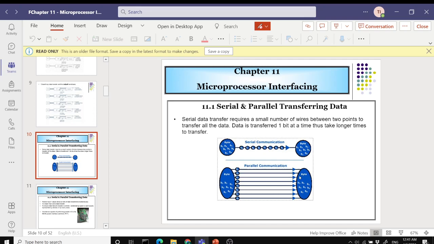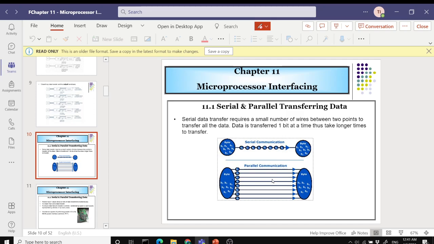Whereas in parallel communication, you have multiple parallel communication interface lines, so you can send a lot of data at once. An example of parallel communication last time is the parallel port at your PC, which was used to connect printers to your PC. So that is the difference between serial and parallel communication.